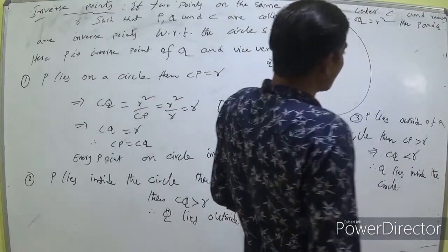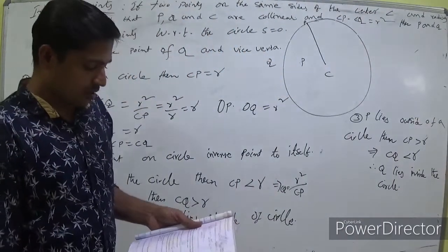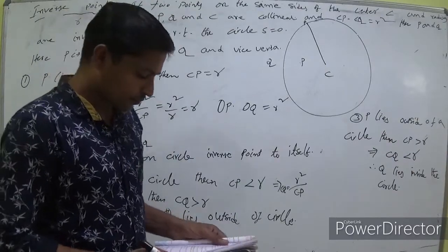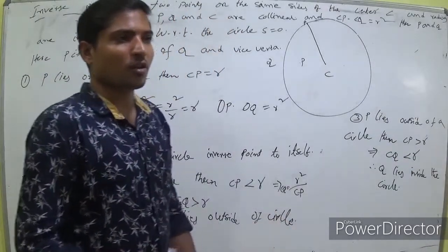See, P and Q are inverse points with respect to the circle, S equal to 0.